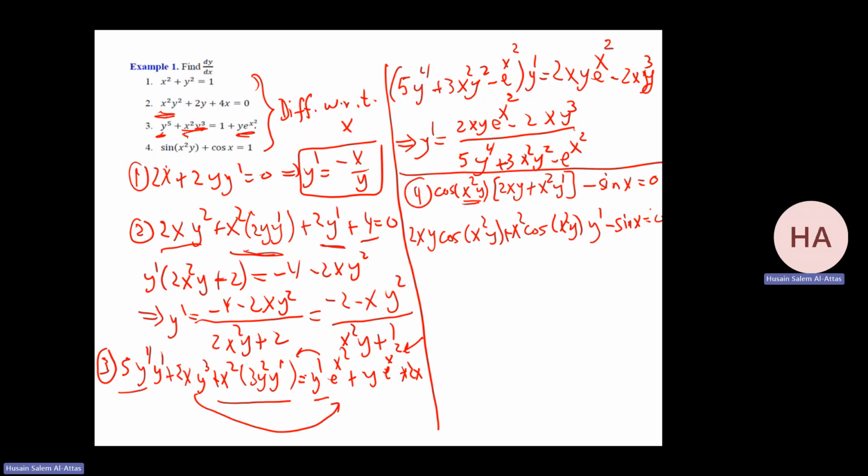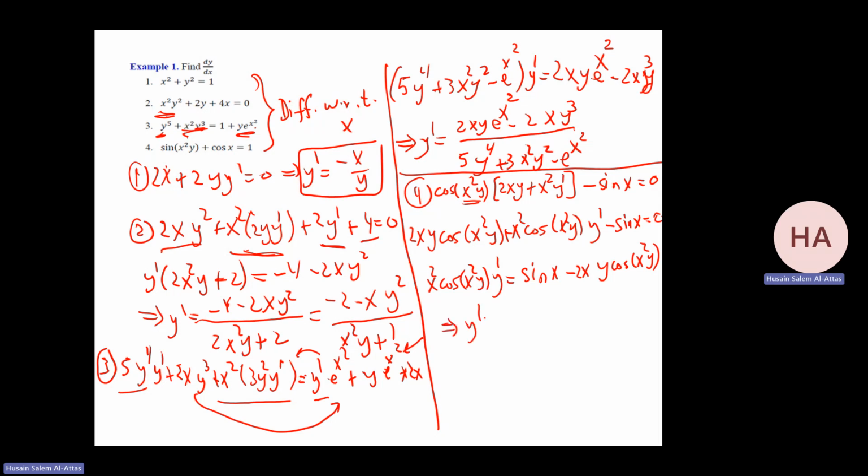So combine the things now with y prime on one side, the others on the other side. So I have x squared cosine x squared y times y prime. That's the only thing with y prime. Take the others to the other side. Sine x minus 2xy cosine x squared y.